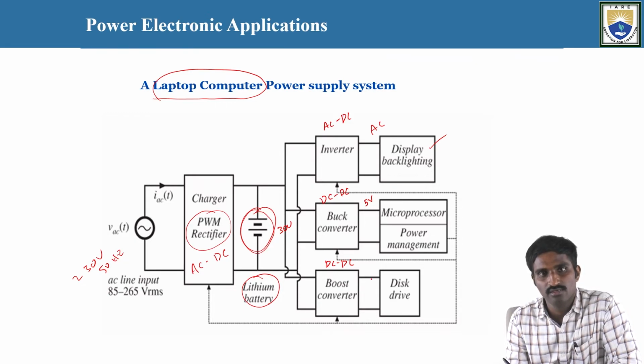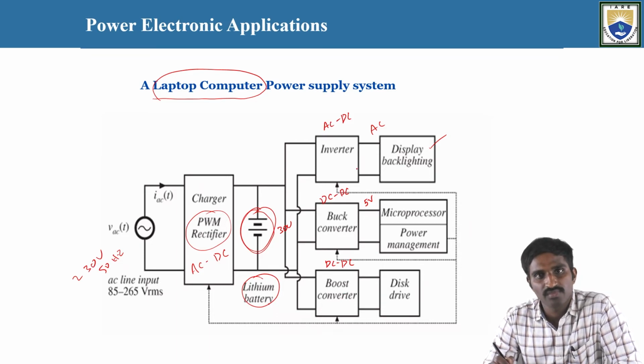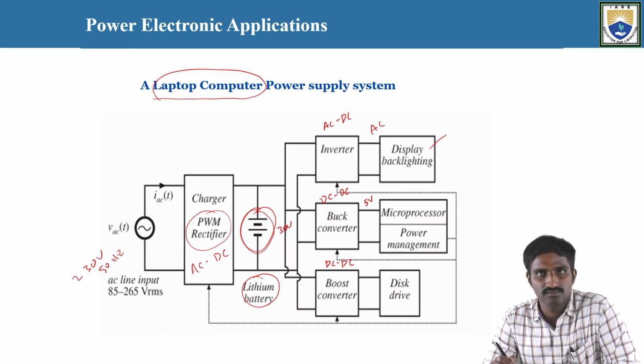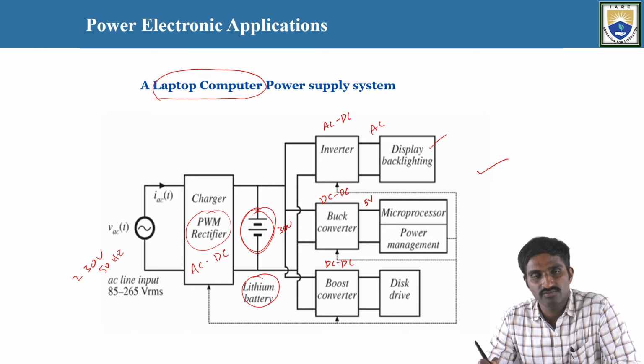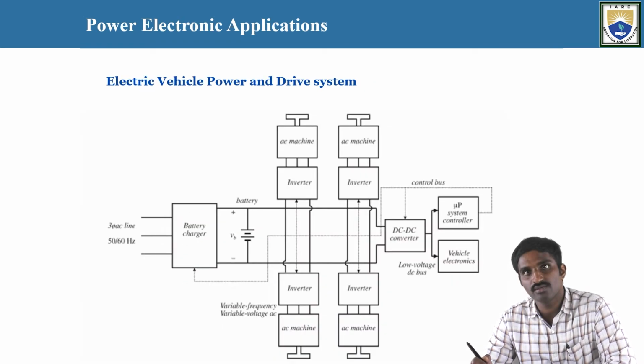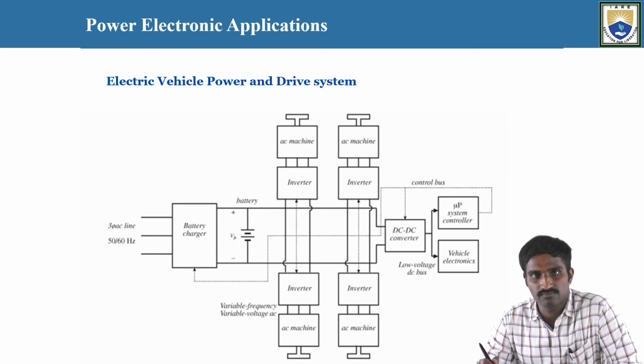So based on the requirement of the components, we are using different types of power electronic converters. This is also one of the best examples of the applications of power electronics and how important power electronics is.